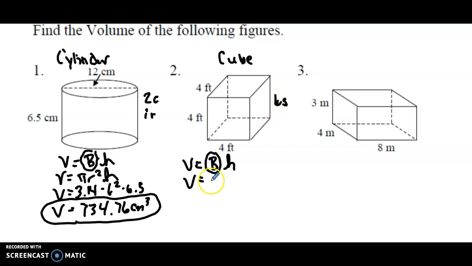So it's a square. That's S squared. Then we're going to plug in our numbers. The sides of the square are 4. And the height, or the distance between the 2 squares, is also 4. We'll type that into our calculator, and we're going to get 64 cubic feet.